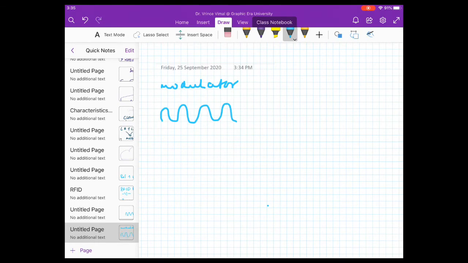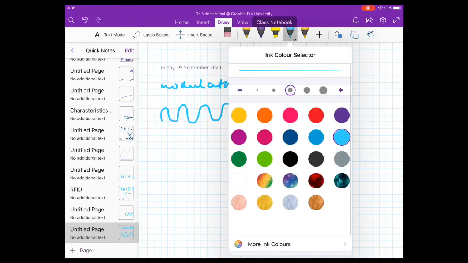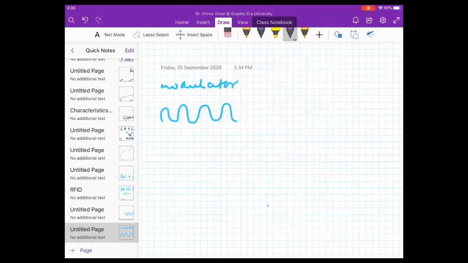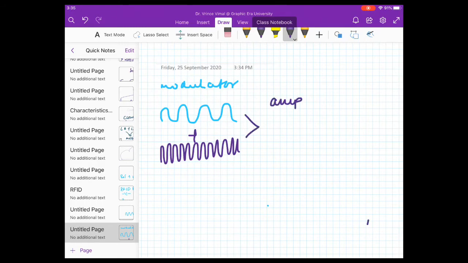The frequency of the signal and the strength of the signal is quite low, and let's say this is my very high frequency carrier wave which is produced by a different oscillator. And if we are talking about amplitude modulation, then this modulator will modulate our signal onto this high frequency wave, and output would be something like this.